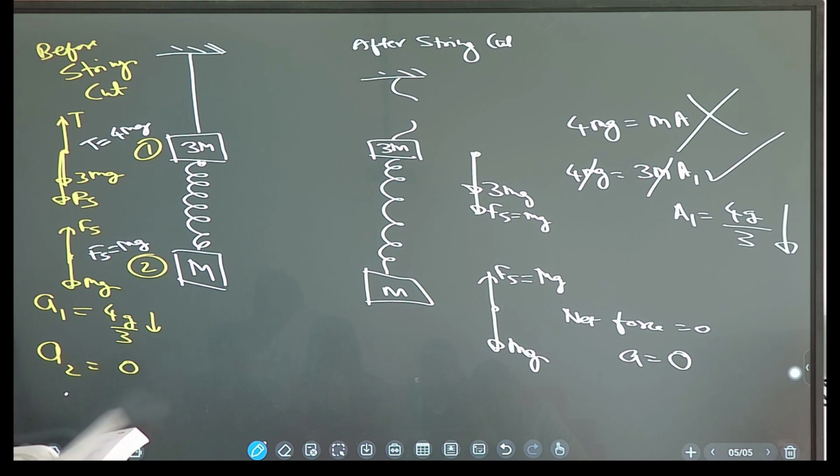PYQ. We revise it. Okay. It is easy. Concept is easy. Just revise.